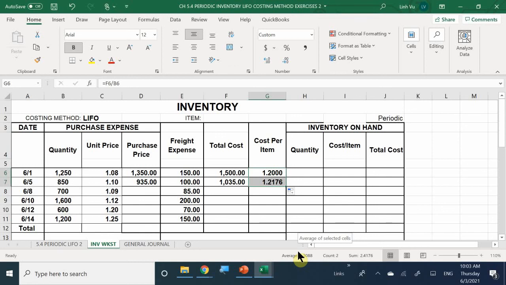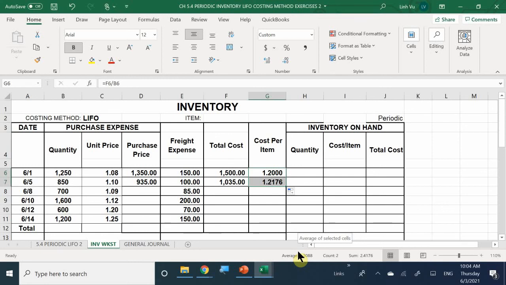I would have to go back, recalculate, and think how much I need to get rid of the items. So it's a lot more work if you round too early. But it depends on what company you work with, and if they want you to round when you calculate your cost of goods sold, then you may have to do so.